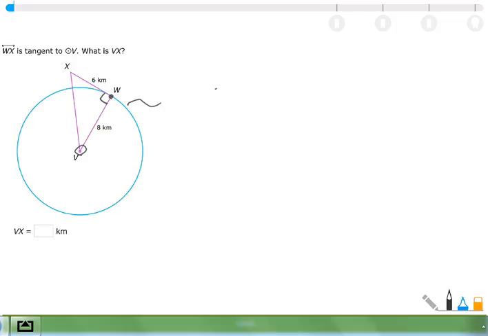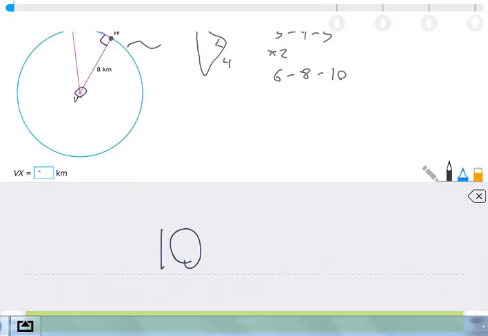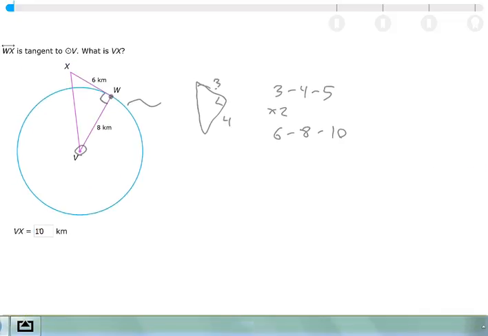Again, you could reduce this triangle by 2 and deal with a triangle that's 3, 4. Oh, and we know our Pythagorean triple, that's a 3, 4, 5 times 2. So it's a 6, 8, 10 triangle. So that missing side is 10. Or you could have just used the Pythagorean theorem and you'd get the same thing.